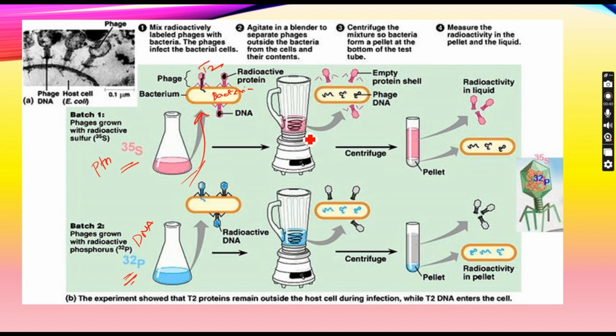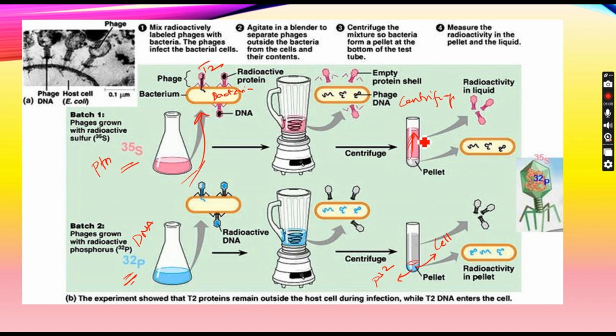When it was blended with a kitchen blender and underwent centrifugation, it was found that S35 labeled components are found on the top and phosphate 32 labeled components are found at the bottom. Phosphate 32 labeled are found at the bottom because they are associated with the cell. When associated with the cell, it has more density, therefore it was sedimented at the bottom.